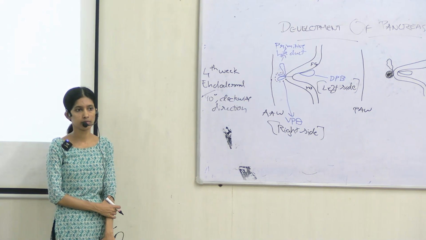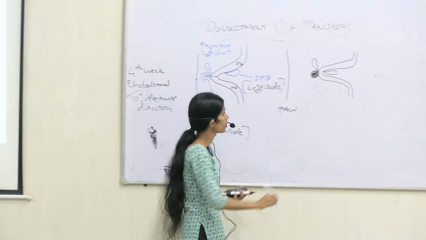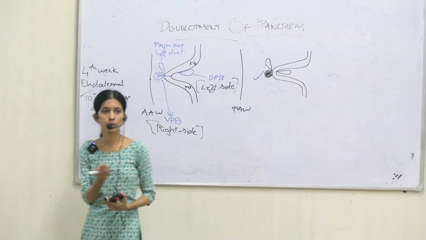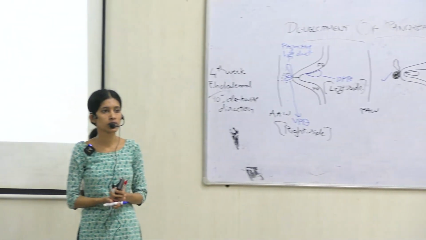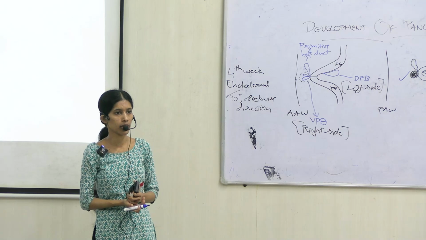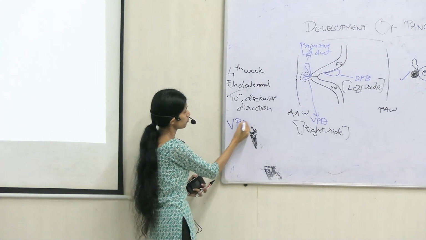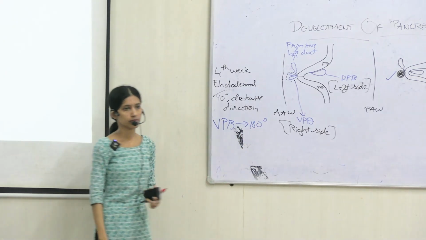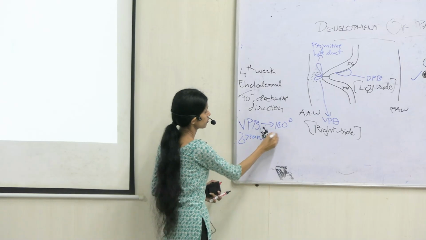Is it clear? After this, your ventral pancreatic bud has to go towards the posterior side and join the dorsal pancreatic bud. For this, the ventral pancreatic bud undergoes 180-degree rotation, from the posterior aspect.